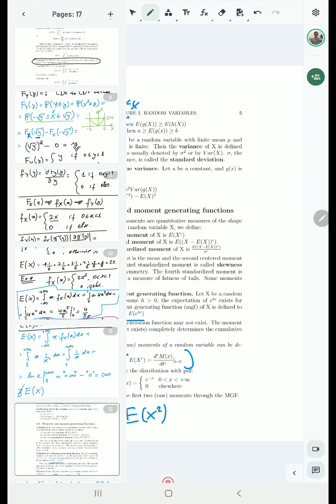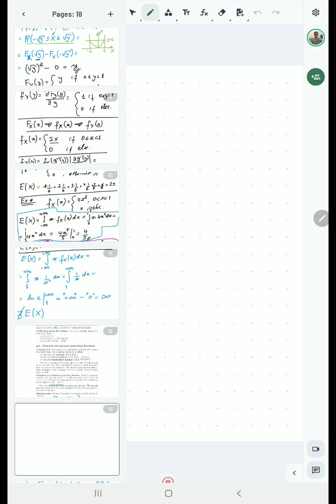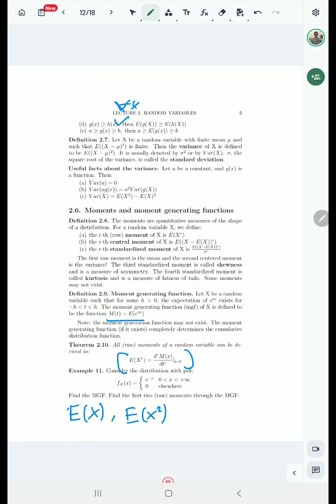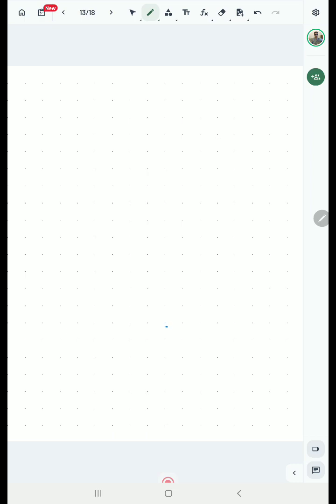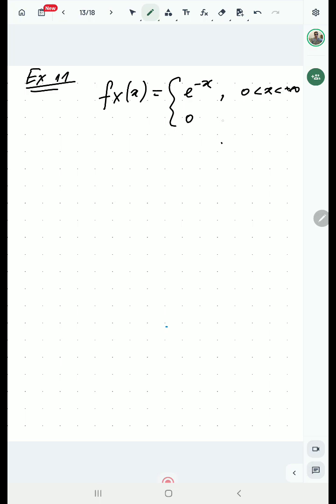Let's see how we can derive it. So let me rewrite it. This is example 11. Here we are given f_X(x), which is equal to e to the power minus x if x runs from 0 to positive infinity, and 0 otherwise.